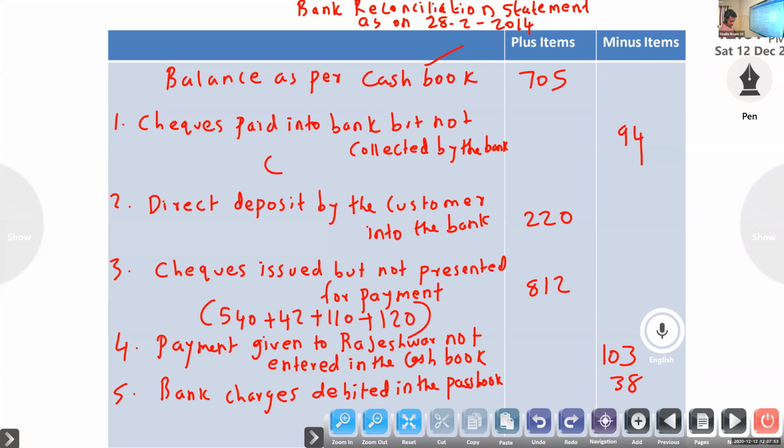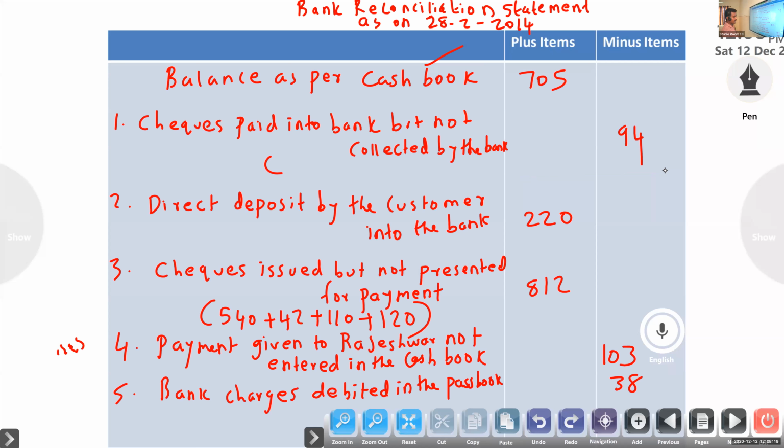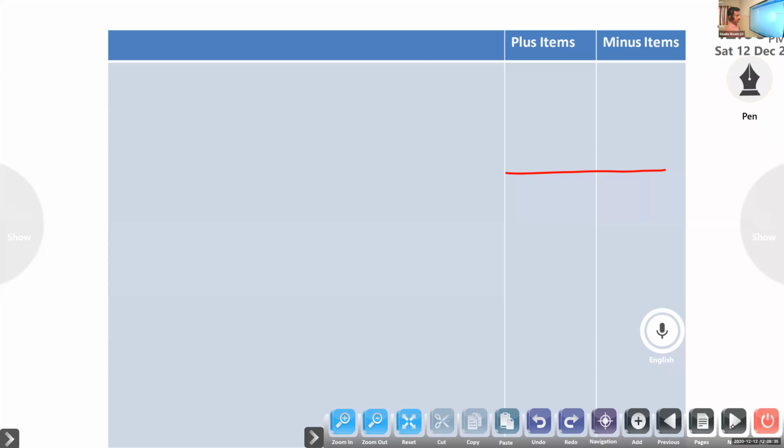Plus item is more. Plus item total 1737.